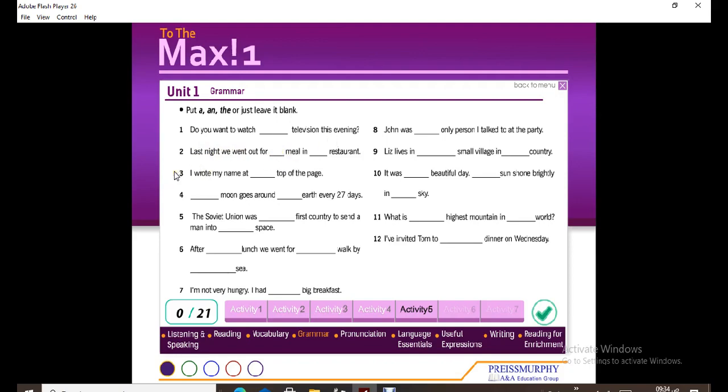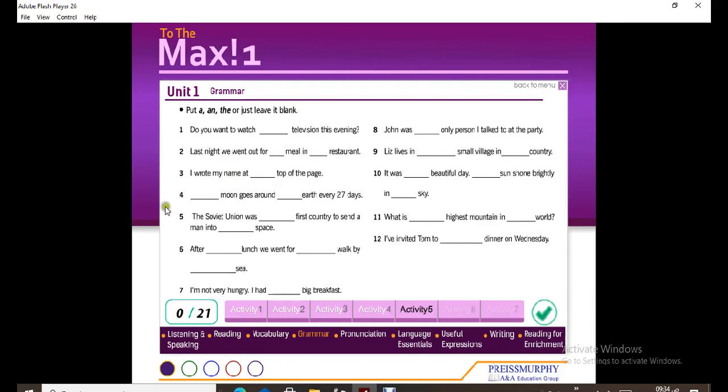Okay, go to number 3. I wrote my name at the top, the bottom, the right side, the left side. I'm going to use the top. So I wrote my name at the top of the page.